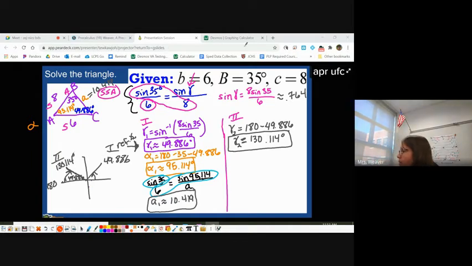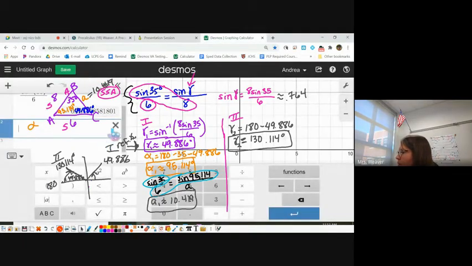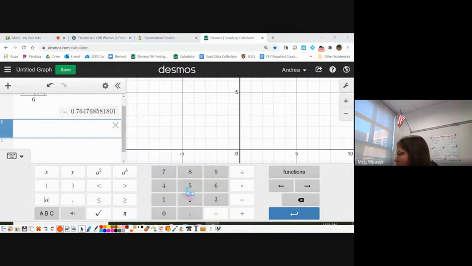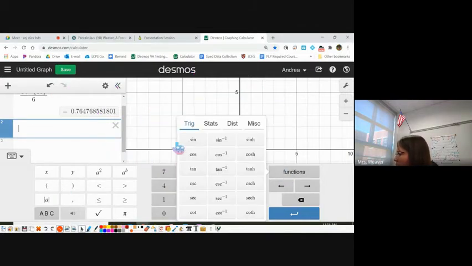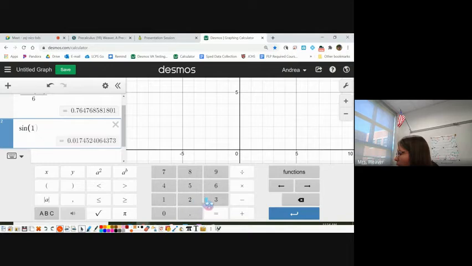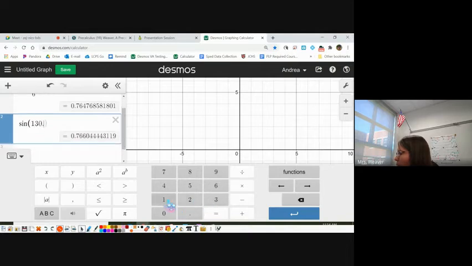Okay, now we're going to have a teeny bit of round off error here, but if we go to our calculator and we do the sine of 130.114, what do you see, guys?